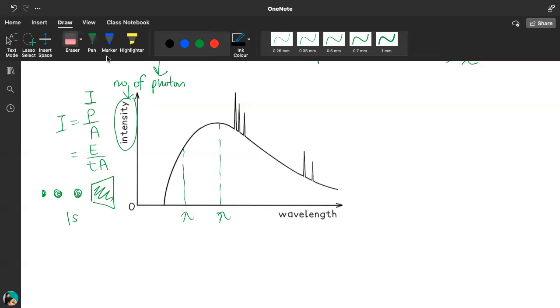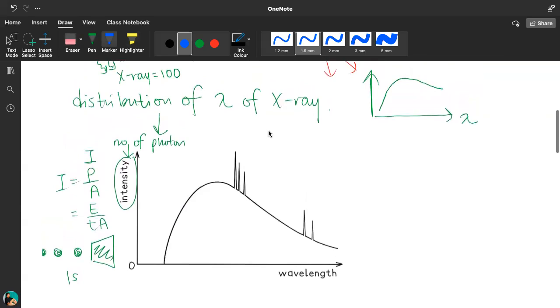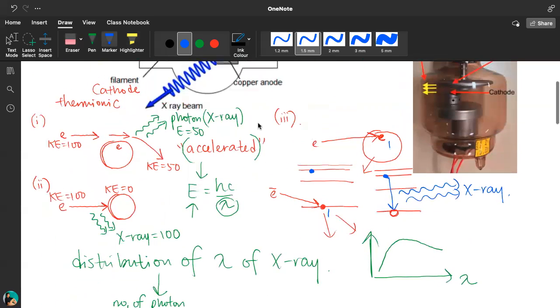Okay. Now from the graph, we now know why there is a curve, like a bell curve like this, right? That's the continuous distribution. And then also you see there's these spikes. Why is the spike there and how is the spike produced? The spikes actually come from situation 3.